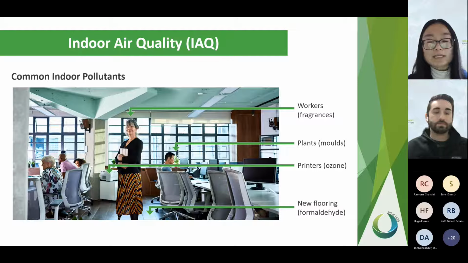We may also have plants in our office, and plants can contribute to allergens and molds, especially if they're poorly maintained. We also have printers which emit ozone, and new flooring can also emit formaldehyde. It's important to note that just because these indoor pollutants exist doesn't necessarily mean that they will be released at levels that cause discomfort.